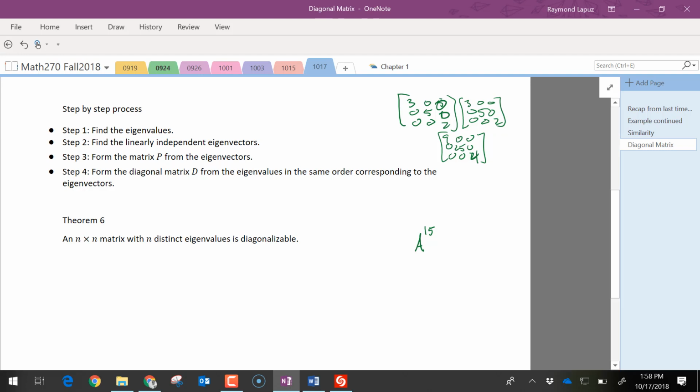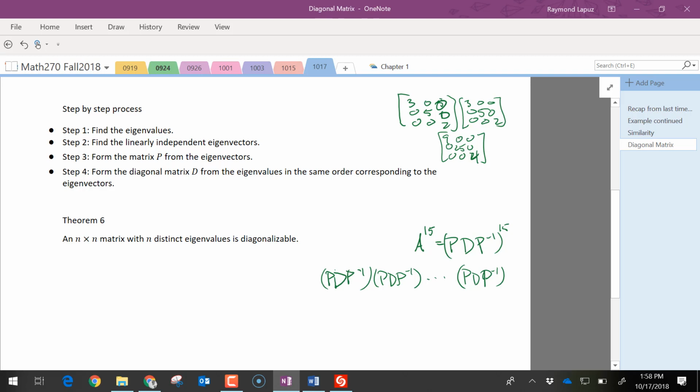So now, if you want to take a generic A to the 15th power, if you can diagonalize it as P D P inverse, raise that to the 15th power. That looks long, right? But what is this equal to? This is equal to P D P inverse, P D P inverse, 15 times, right?